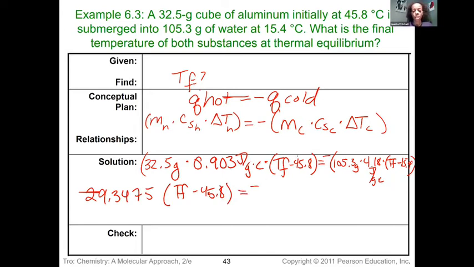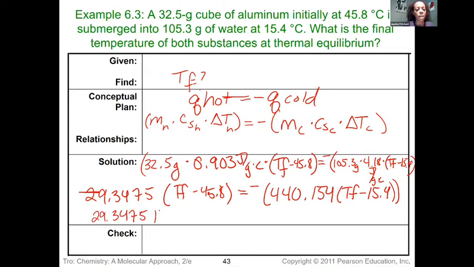Now we're going to do the parentheses on the other side, 105.3 times 4.18, and that gets us 440.154, still multiplying times TF minus 15.4. And then we distribute those values through. So this would become 29.3475 TF.